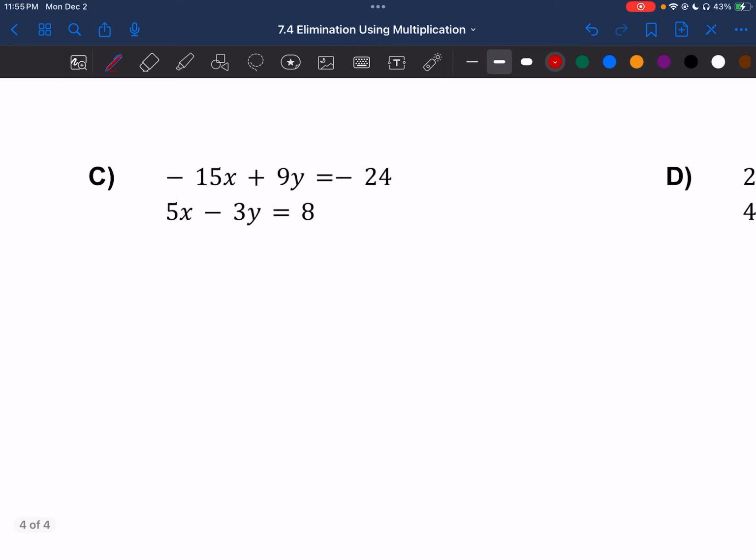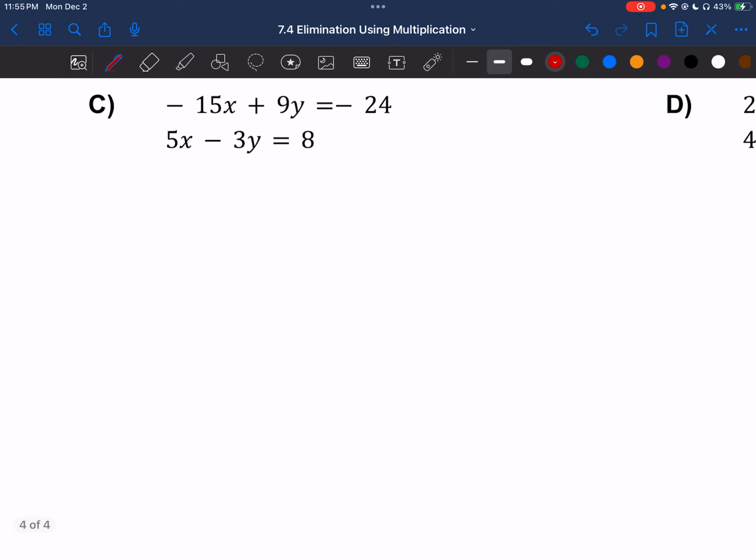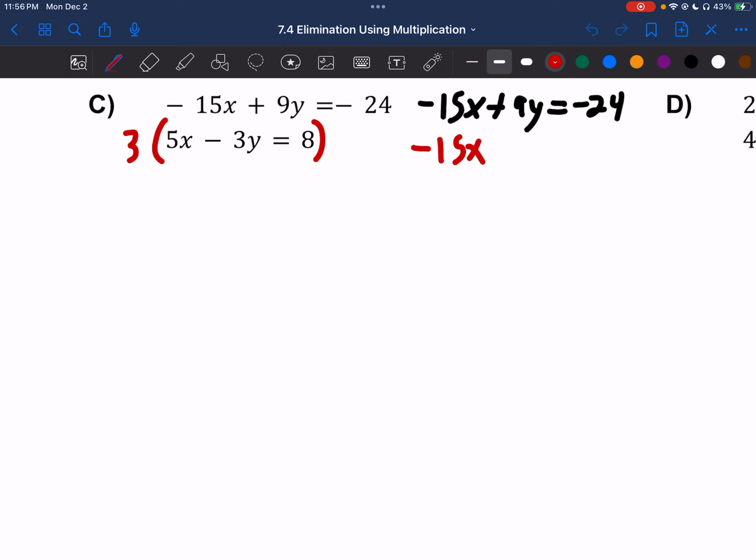All right, if I go down and look at letter C, I can multiply that bottom equation by 3 to get it to be the opposite, negative 15x. If I multiply 5 by 3, I get positive 15. So let's rewrite the first equation. Negative 15x plus 9y equals negative 24. Multiply the second one, 15x.